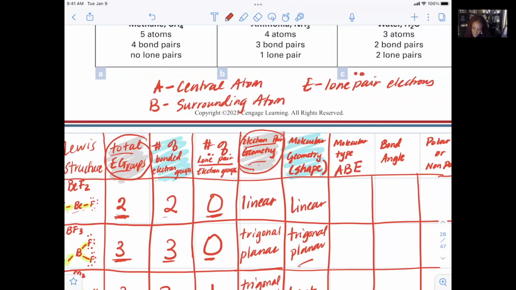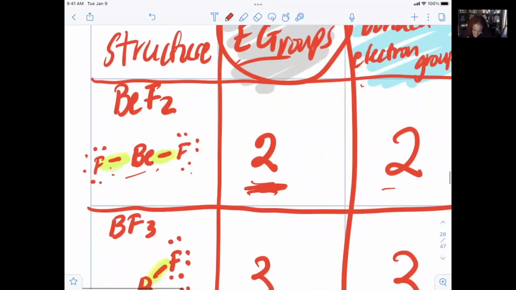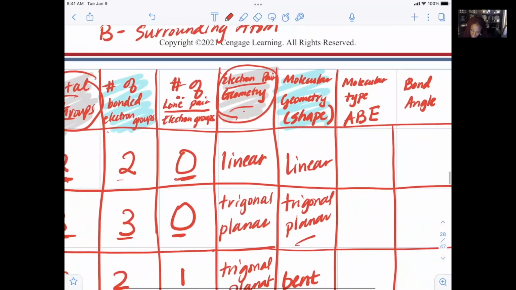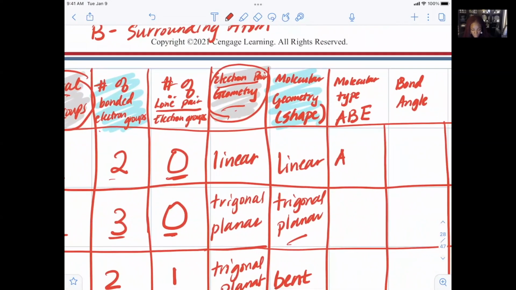So each of these dots here counts as 1 E. And you want to count and consolidate, okay? So in this picture right here, the central atom is represented by A. We usually have 1 A, and then each of the surrounding atoms is B and B. Since the central atom does not have a lone pair, there are no dots here. All I have is A, one central atom, two surrounding atoms, so it's going to be AB2.